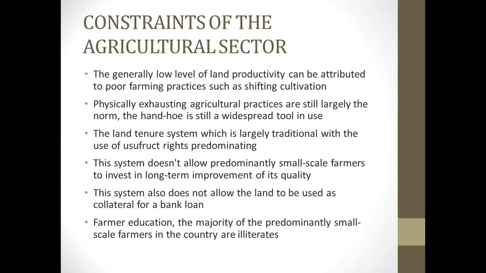So we can't use that land to take long-term loans. In this case, you may not have rights over that land in the years to come. So it hinders them from getting assistance from banks for their cultivation activities. So, the poor land tenure system.